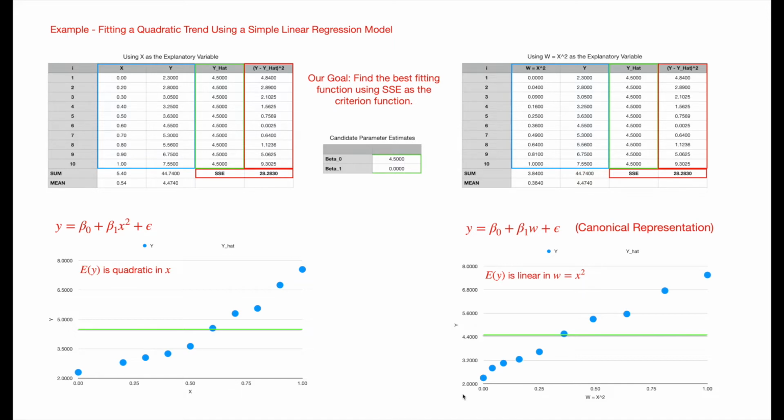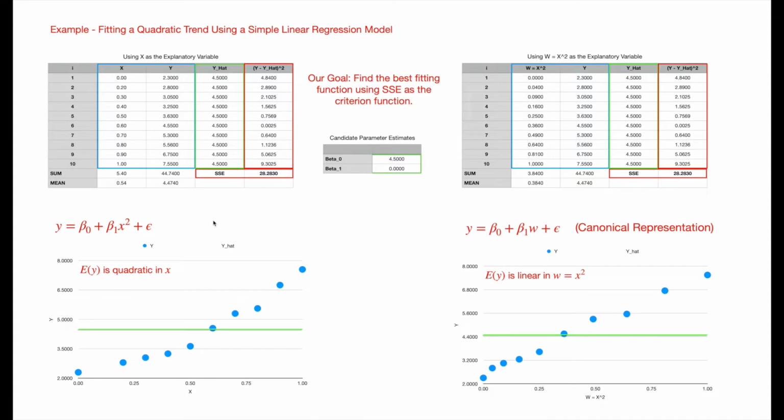On the lower right portion of the spreadsheet, I have a graph, scatter plot of the data set up above, where w is the explanatory variable, w again being x squared.